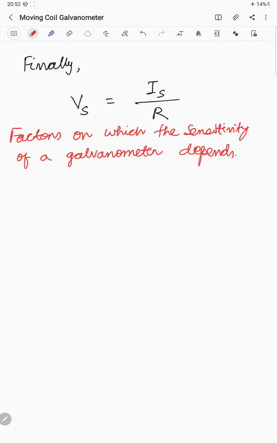Okay, the first point is the number of turns. First one, it depends on capital N, that is the number of turns in its coil. Then the second one, it depends on the magnetic field. The third one is the area of the coil.